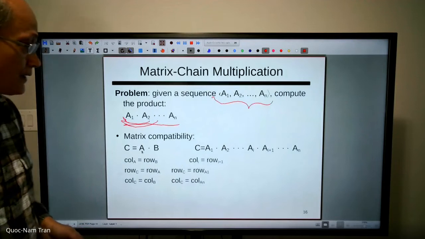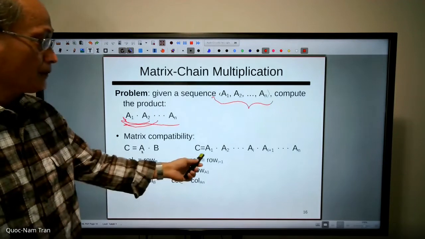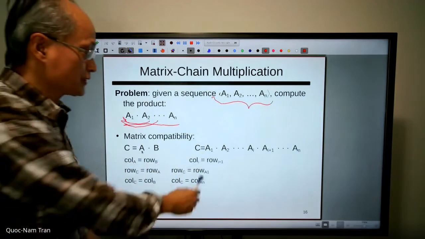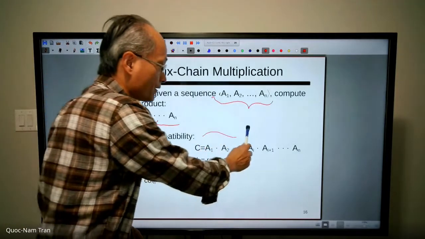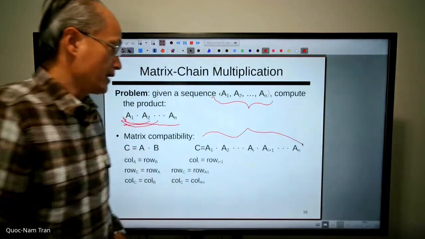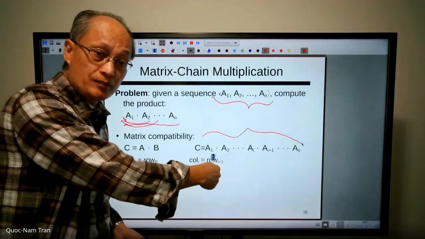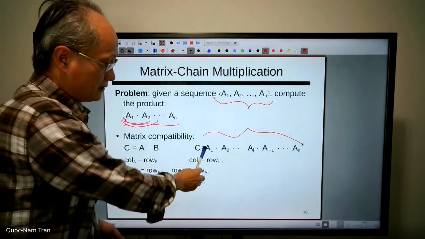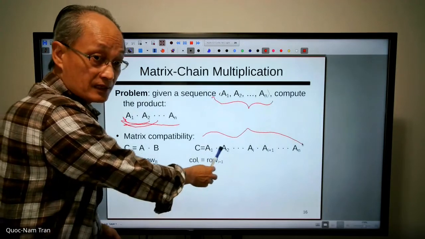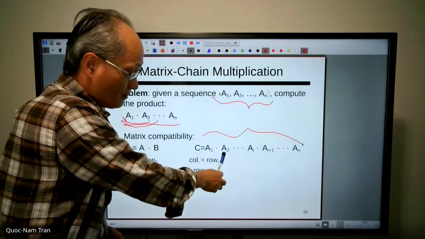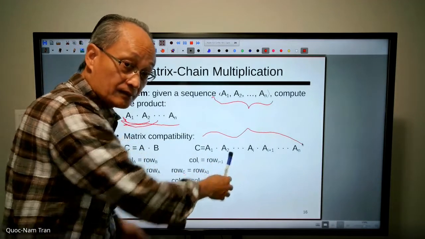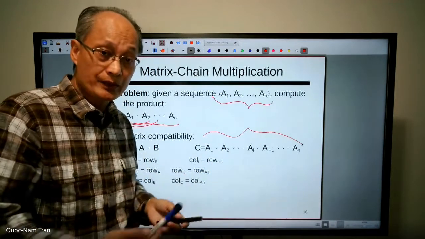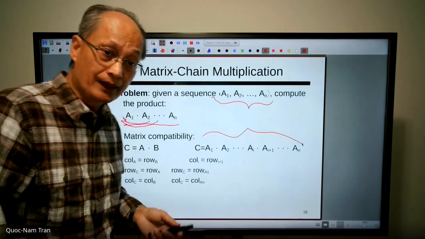If we have a sequence of matrices like this, then they have to be compatible. It means that the columns of the first and the rows of the second, the columns of the second and the rows of the third, must be the same. Otherwise, we cannot multiply them. Why?